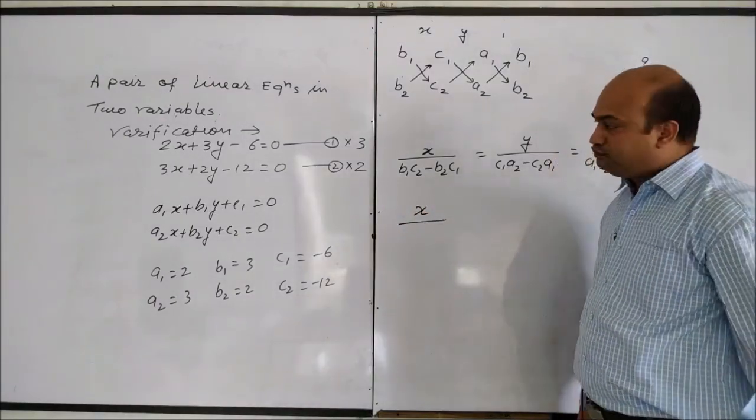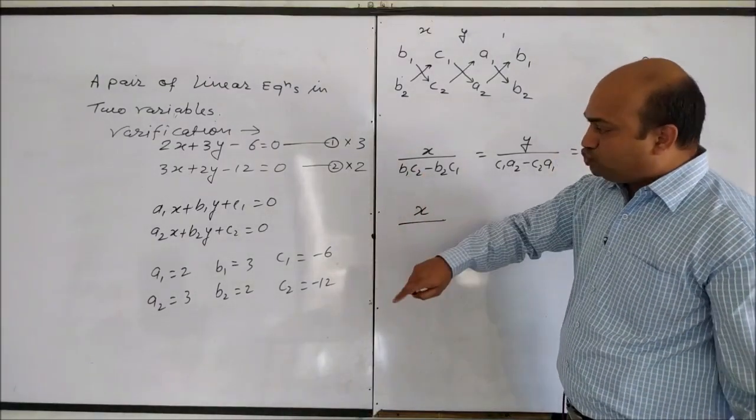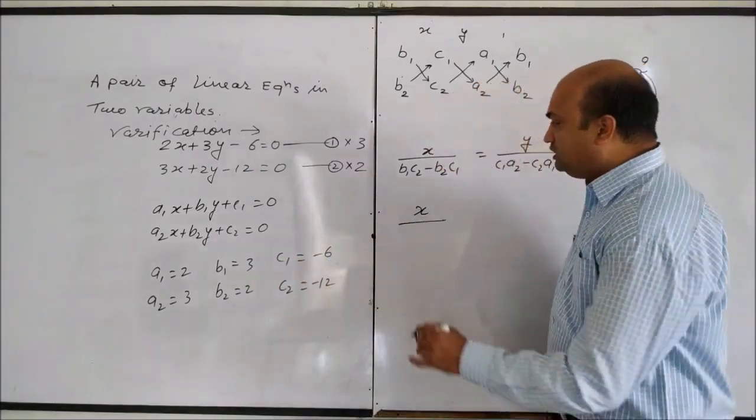Now x is upon b1 c2. b1 is 3, c2 is minus 12.